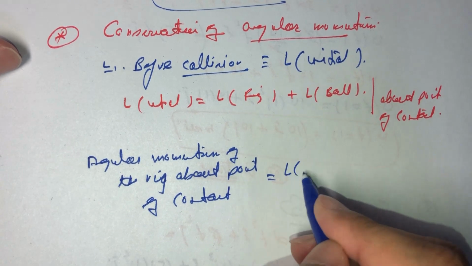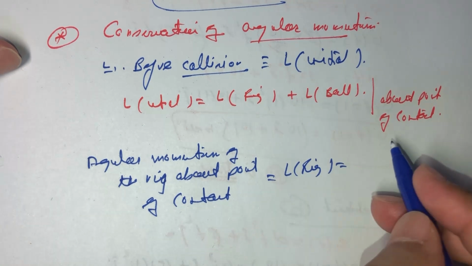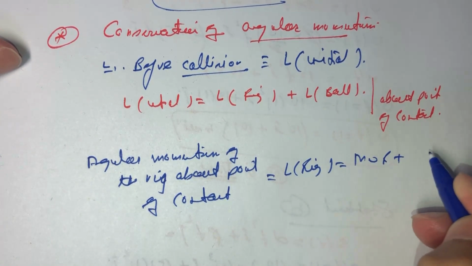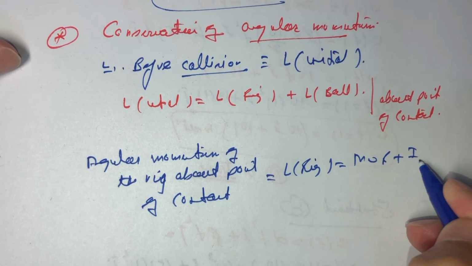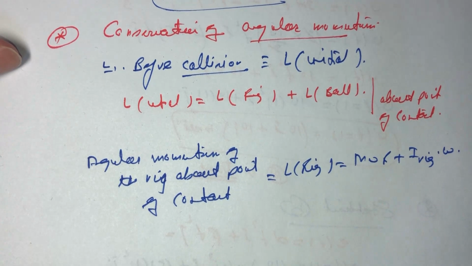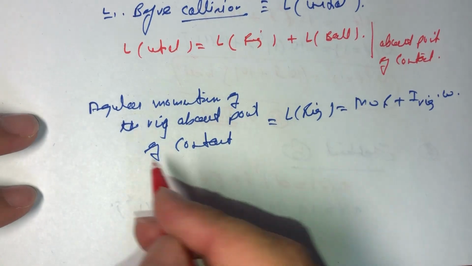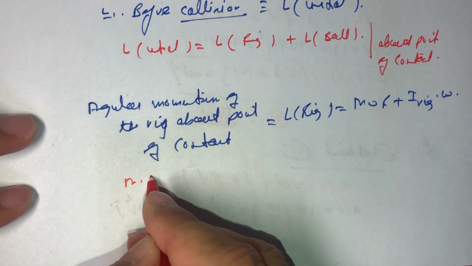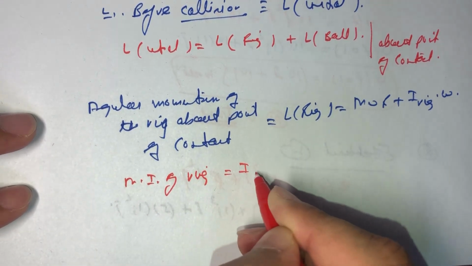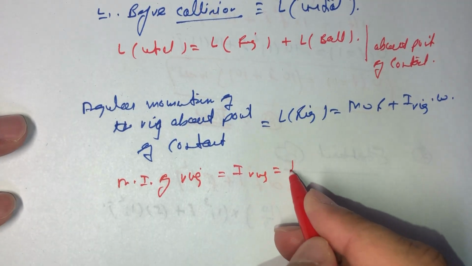which is given as L ring, and this will be equal to mass times velocity times radius plus the moment of inertia of the ring times the angular velocity. We know the moment of inertia of a ring, I ring, is given as mr square.